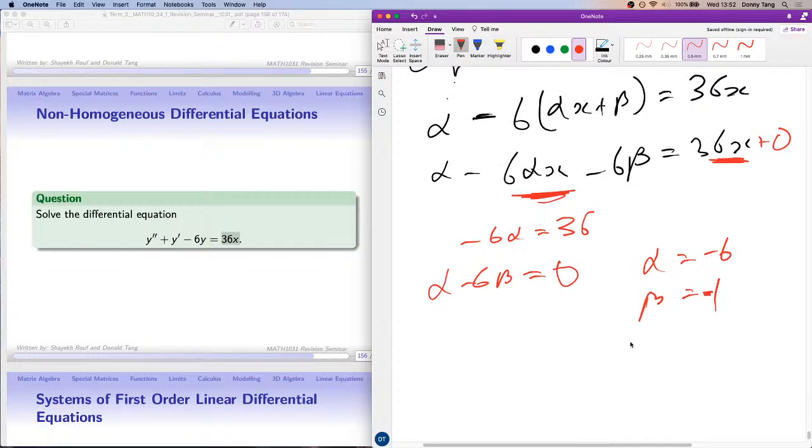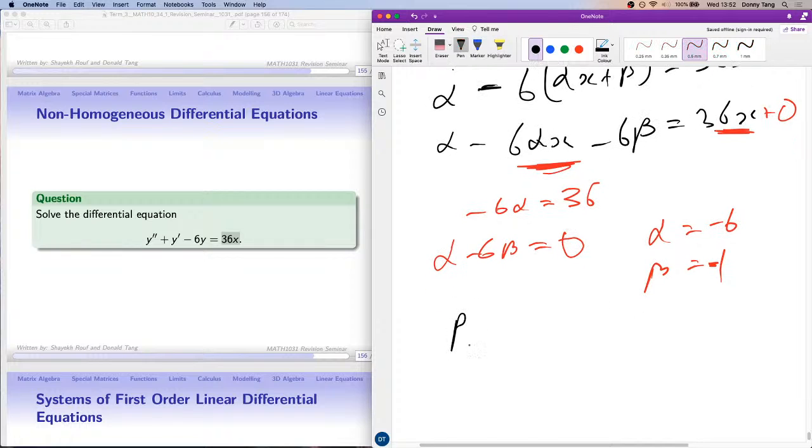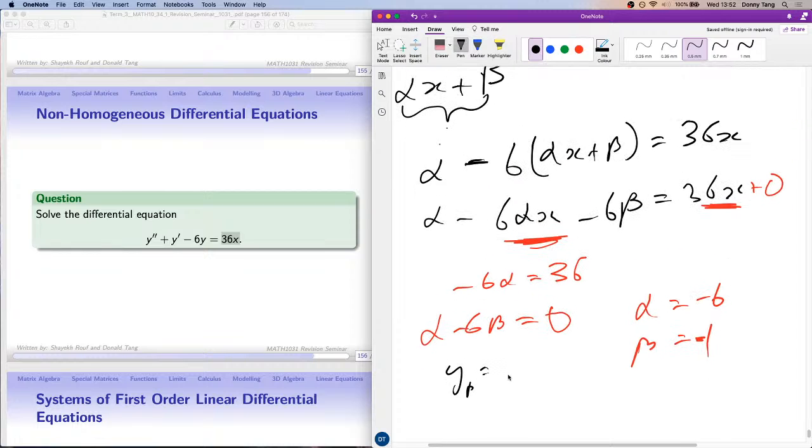And then, therefore, your particular solution, yp, is going to be equal to, oh yes, negative 6x minus 1.